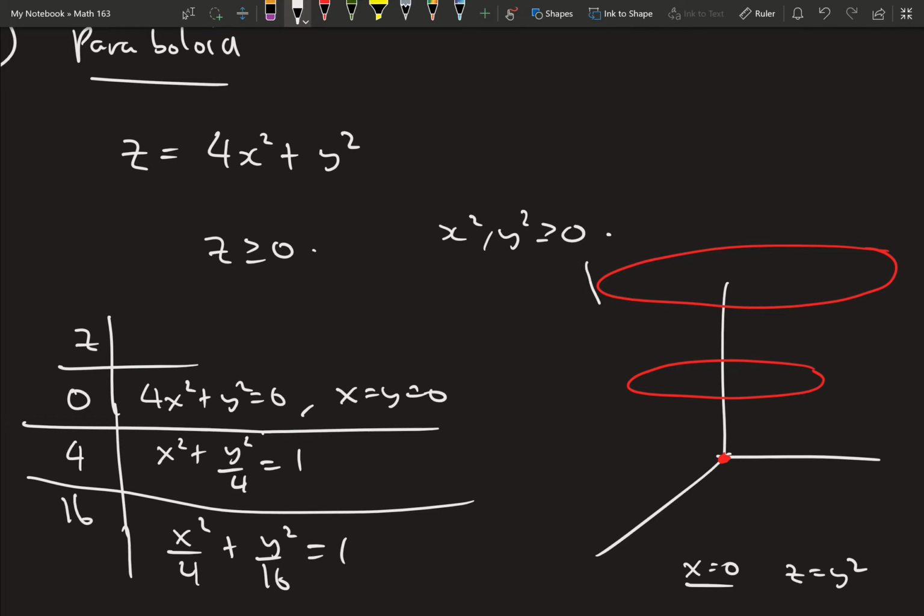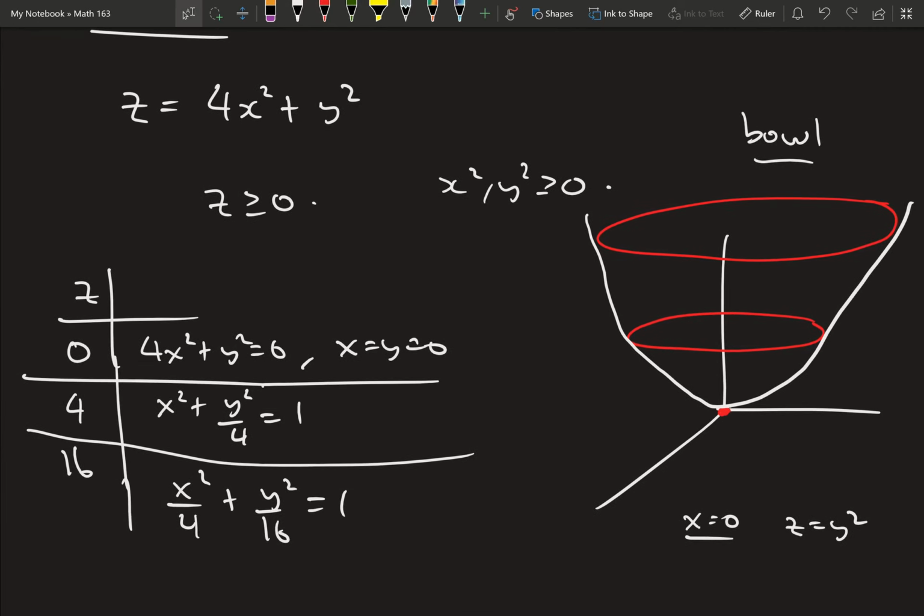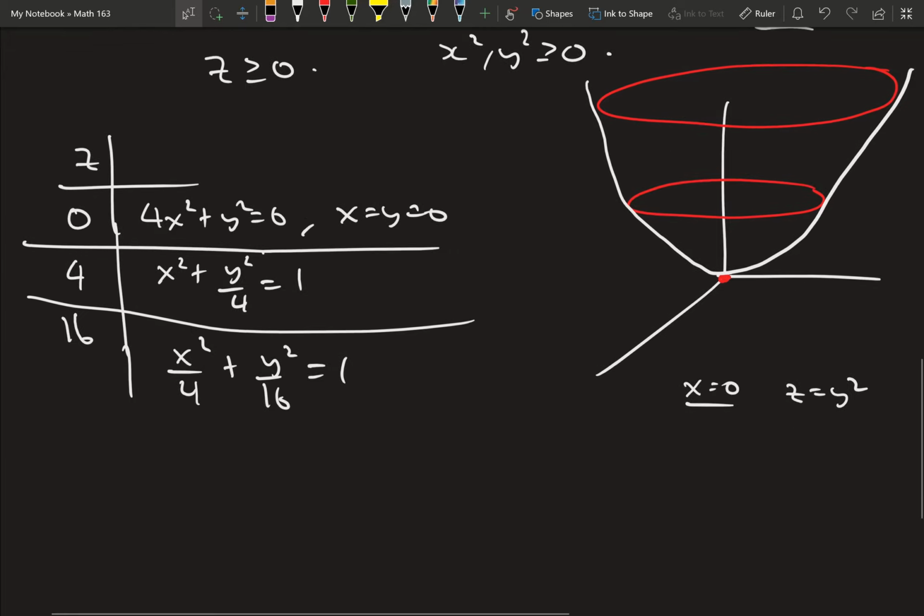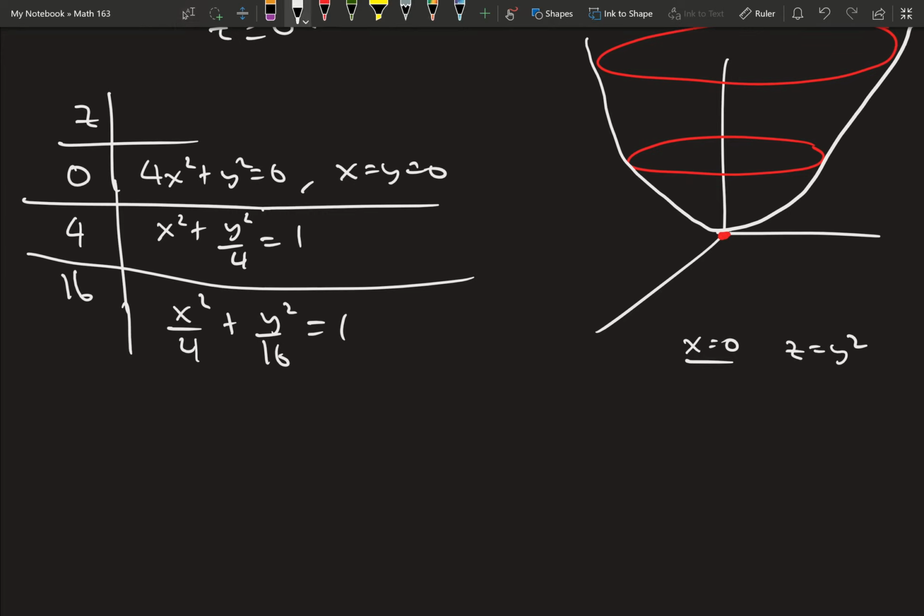And what that does is that connects these guys together into a single, kind of like a bowl. Think of this, this is basically a bowl. Put some milk and have some cereal. That's pretty much your paraboloid. Okay, so that's an example of the paraboloid graph.